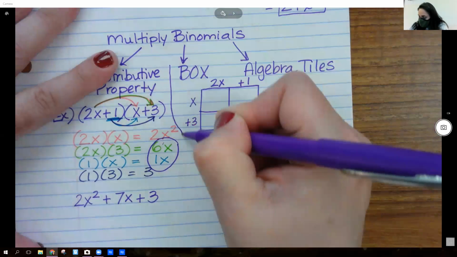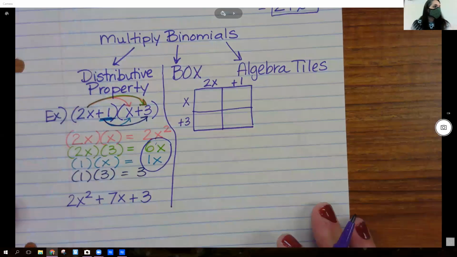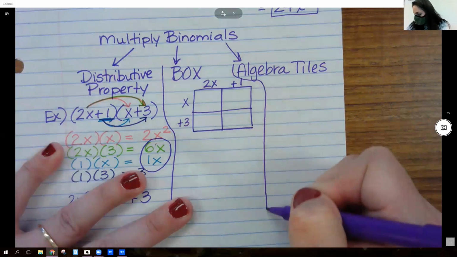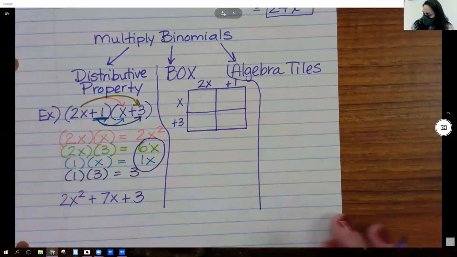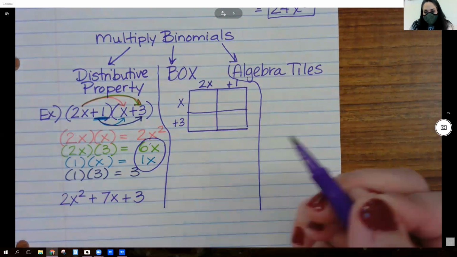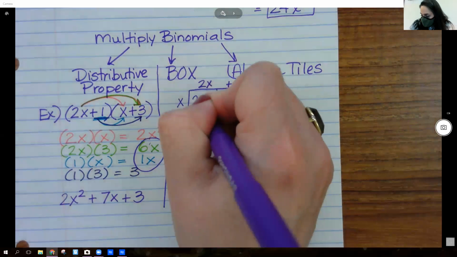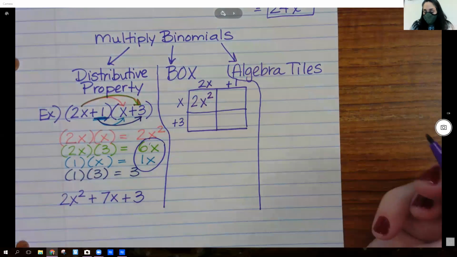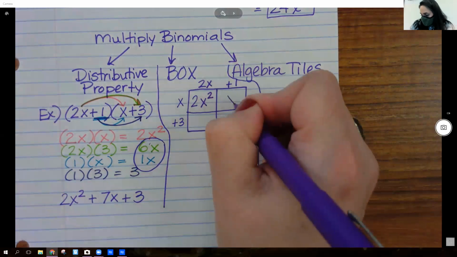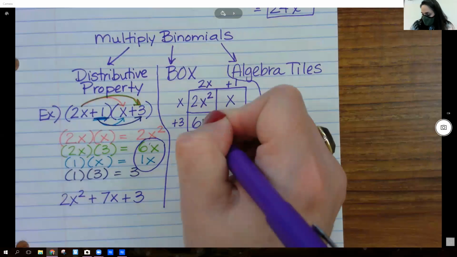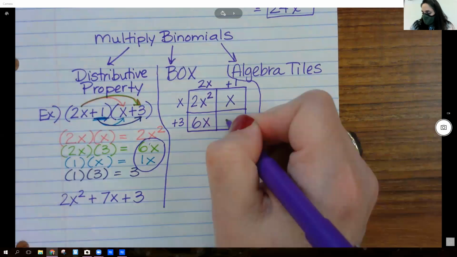That's a little squished, isn't it? But we'll make the best of it. And then we'll make room for algebra tiles over there. So remember, you fill in the boxes by multiplying. So 2x times x, 2x squared. 1 times x is x. 2x times 3, 6x, and 1 times 3 is 3.